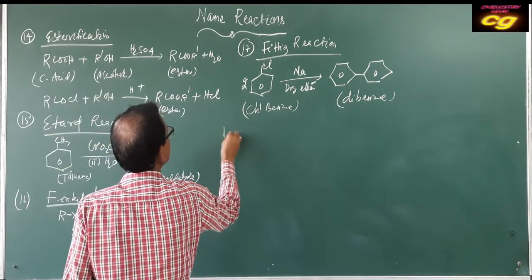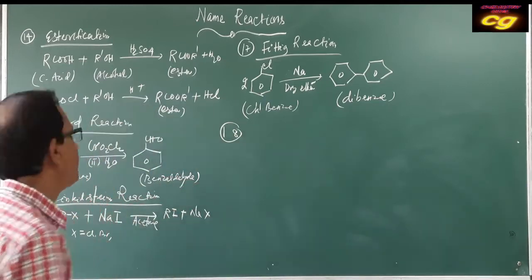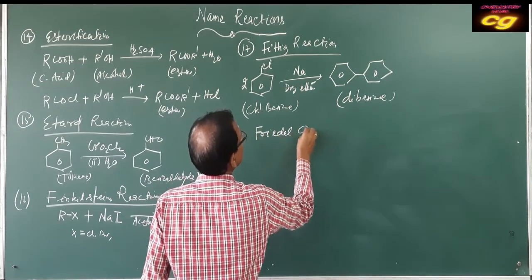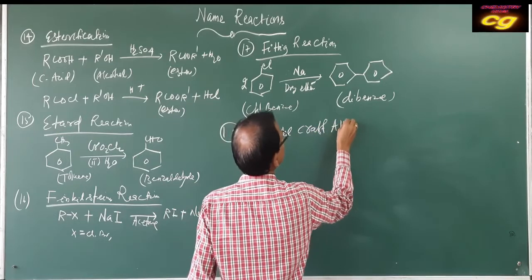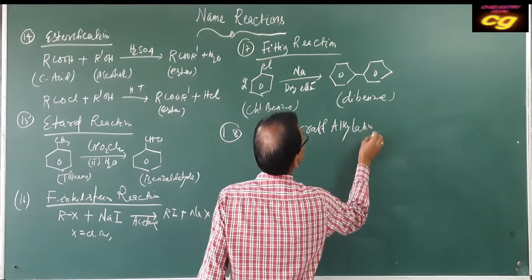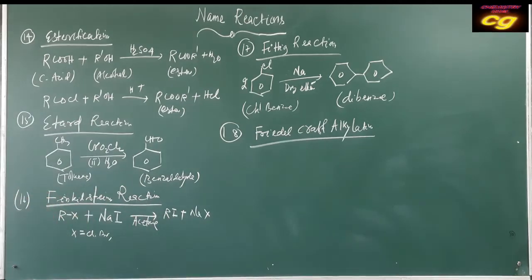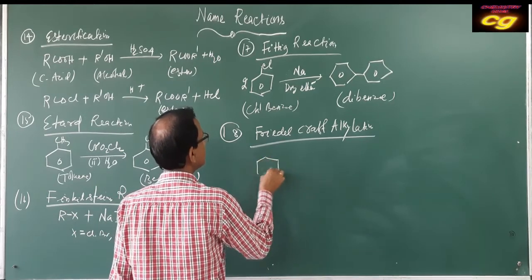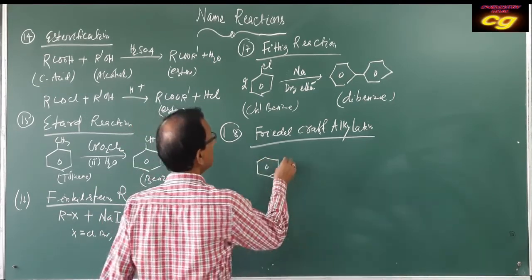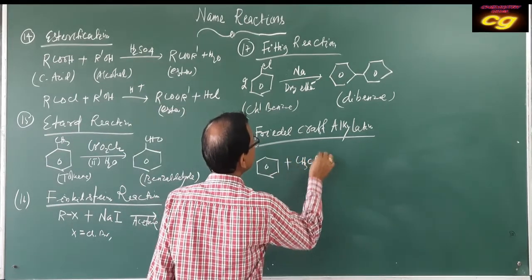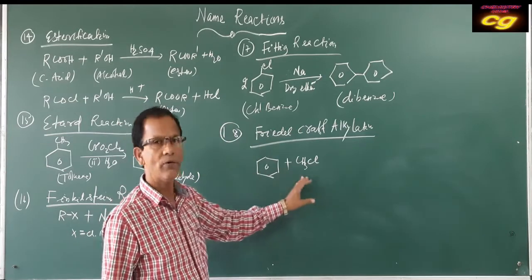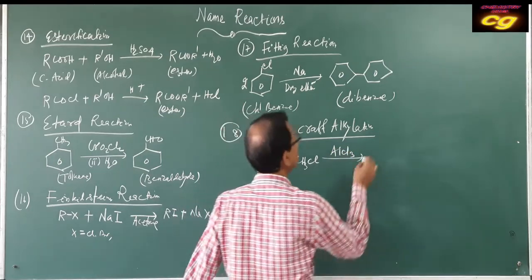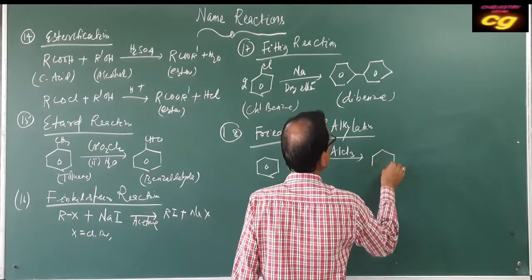Then 18, that is Friedel-Crafts alkylation. Friedel-Crafts alkylation, that is same, any aromatic compound. So let us take benzene in presence of haloalkane, aromatic compound and haloalkane in presence of Lewis acid aluminum chloride, producing toluene.